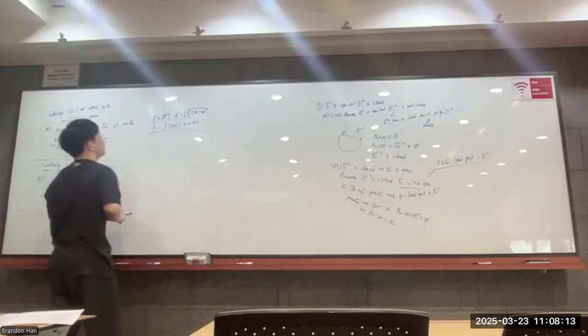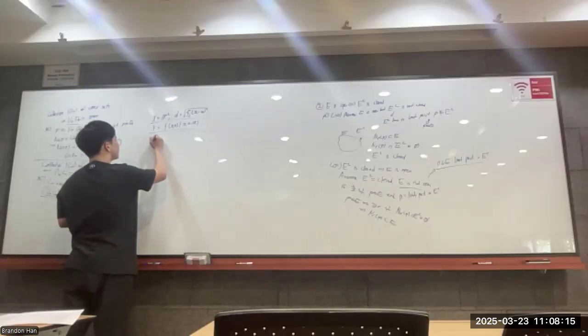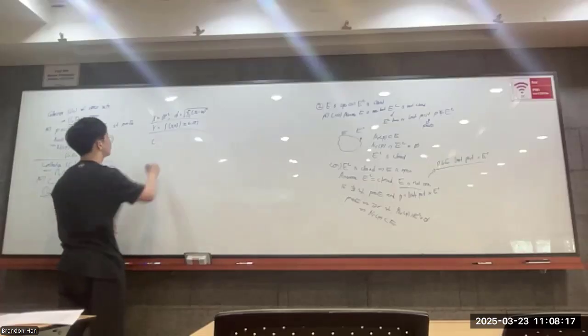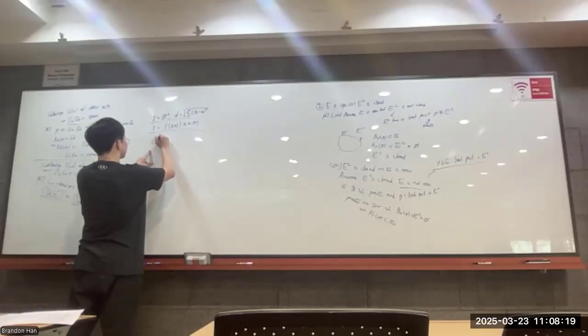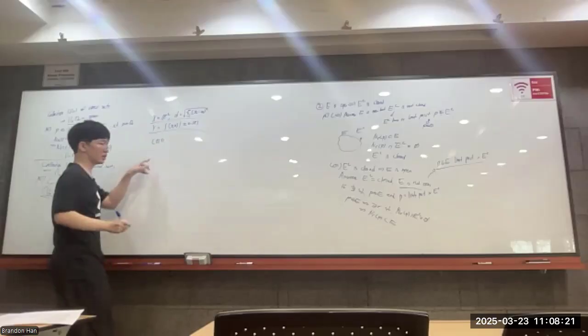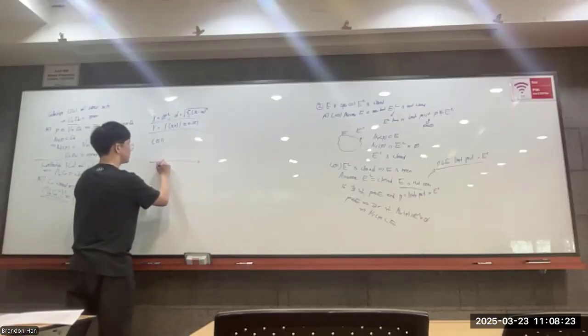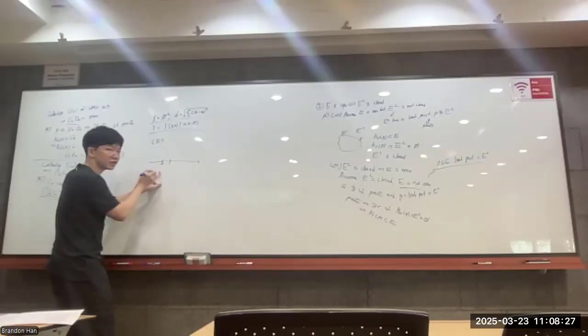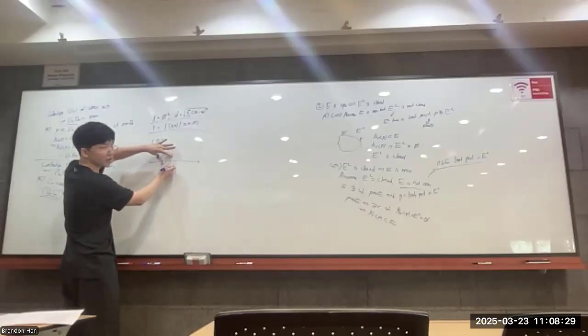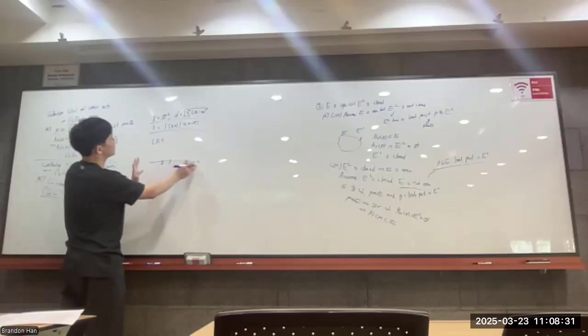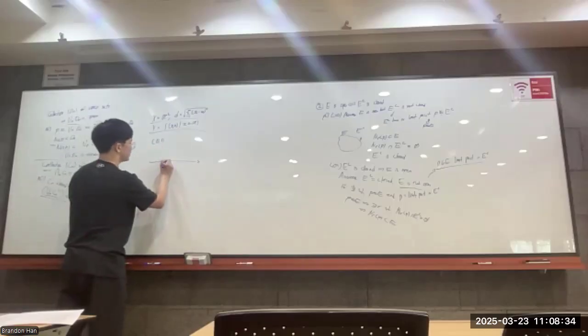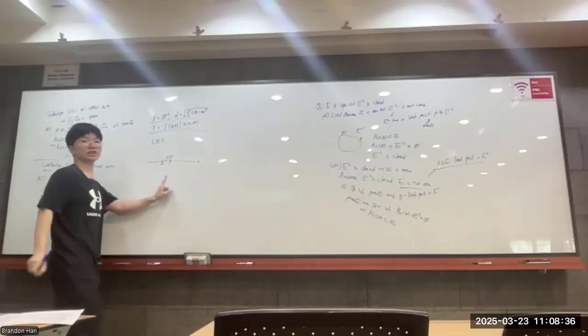And if you consider the interval 0, 1 on the real line, all the points between 0 and 1, not including 0 and 1, this set is open in Y because this is just the neighborhood of 0.5 with radius 0.5.